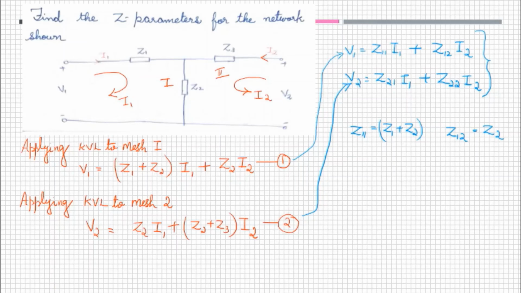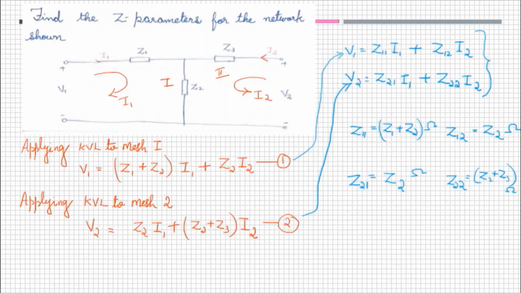Then we will get the values for Z21 and Z22. Z21 is Z2 and we got Z22 as Z2 plus Z3. The unit for the parameters is the same as the impedance unit.